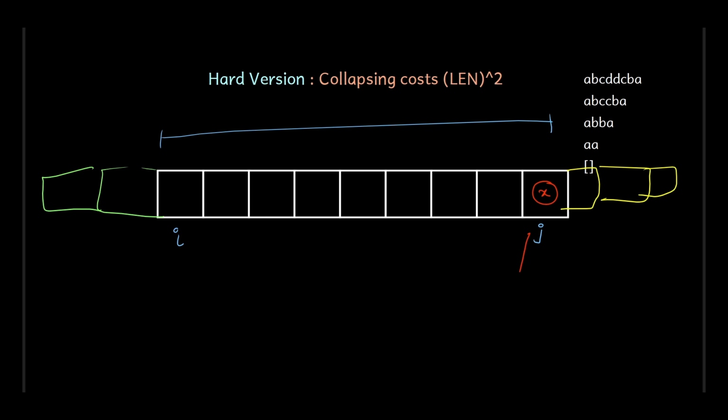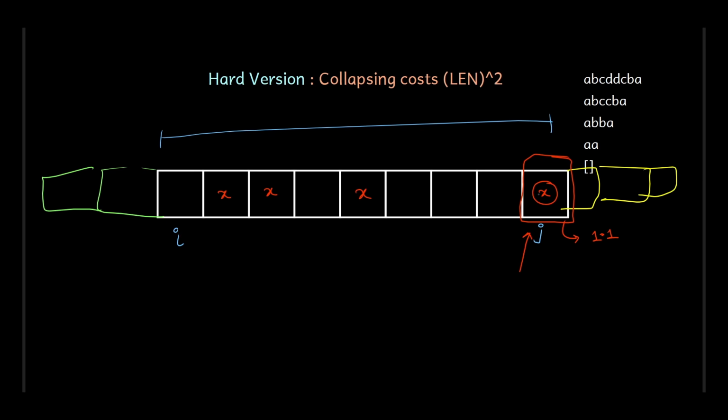You can either try to delete x in its own separate group, that is, you can delete x alone by paying a cost of 1 times 1, or you can merge this x with one of the existing copies that are present in the array.